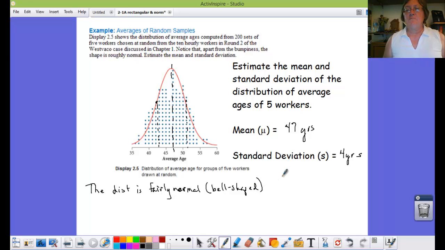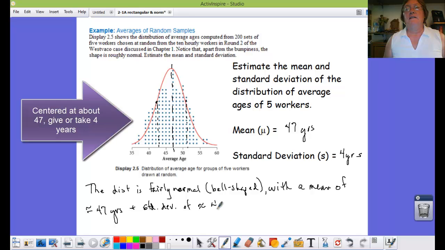So we've got shape, now center, with a mean of about 47 years. And a standard deviation, which is the spread measure, of around 4 years. Some people would say this is centered around 47, give or take 4 years. And that's a good way to describe it.